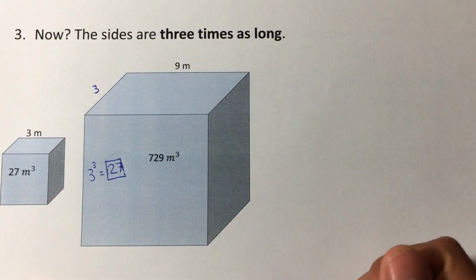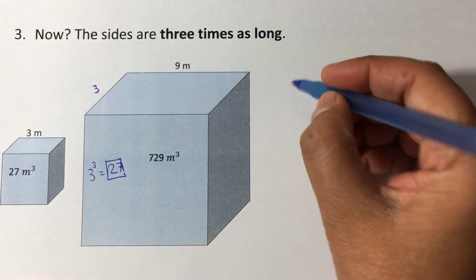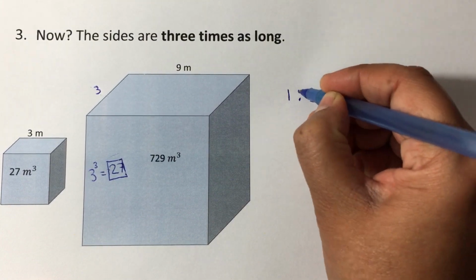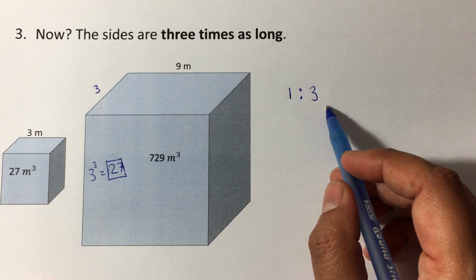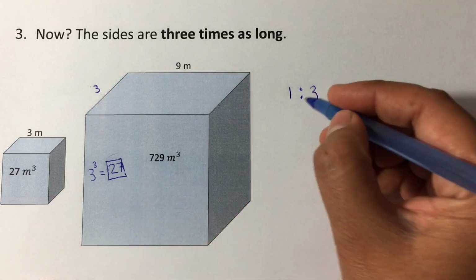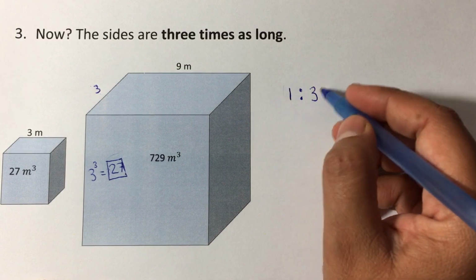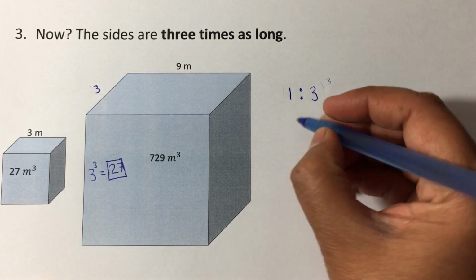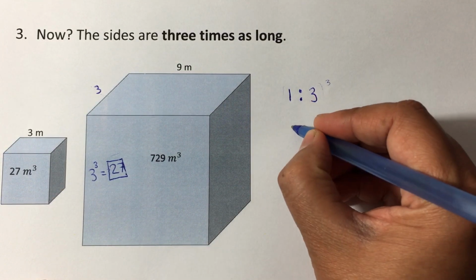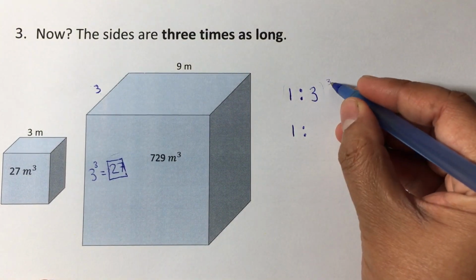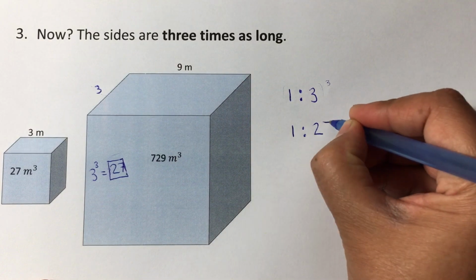That means that the proportion is 1 to every 3. And then in here, because it's cubed, all we have to do is raise to the third power. So it's going to be 1 times 1 times 1 is 1, 3 times 3 times 3 is 27.